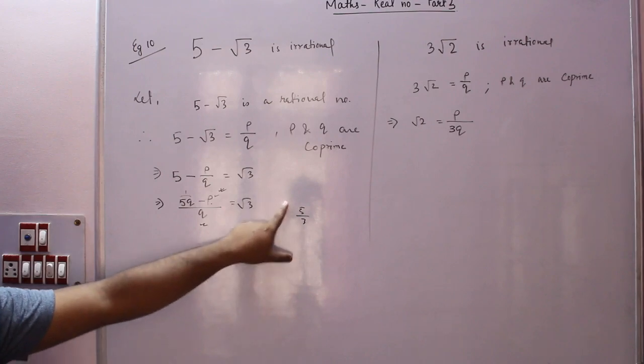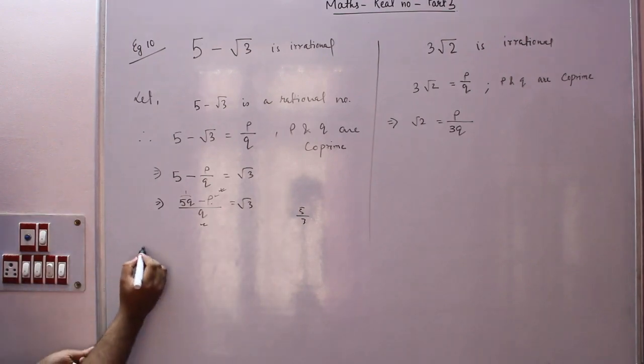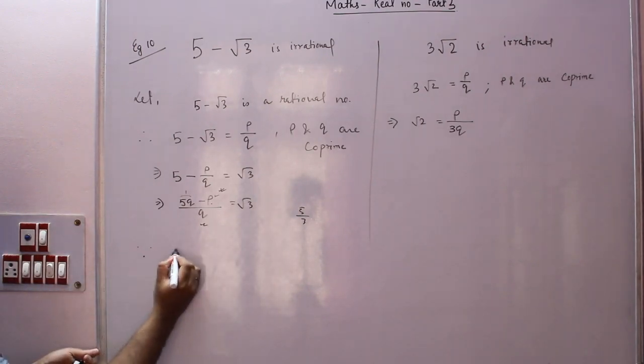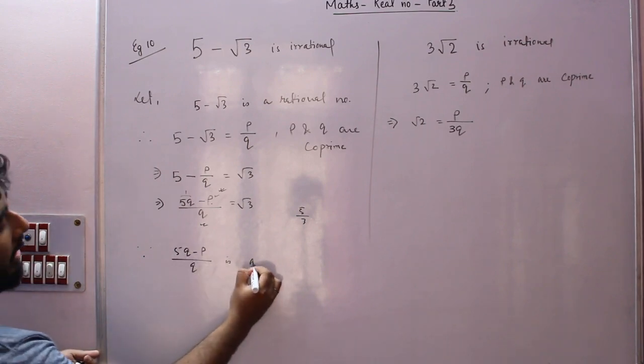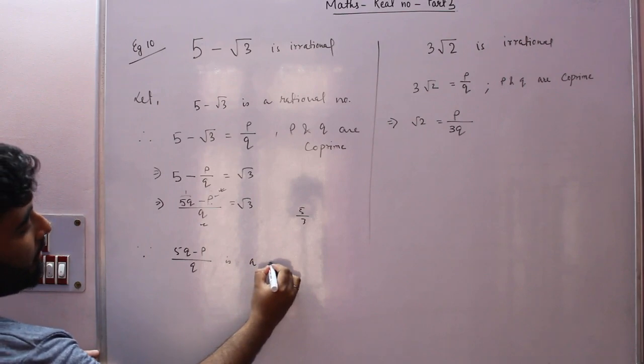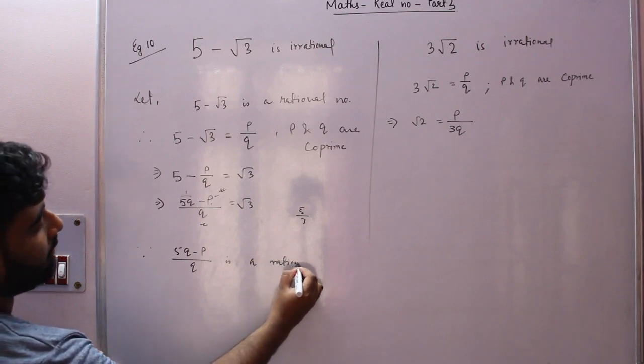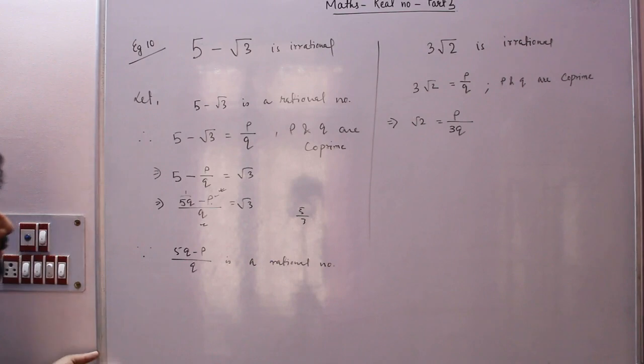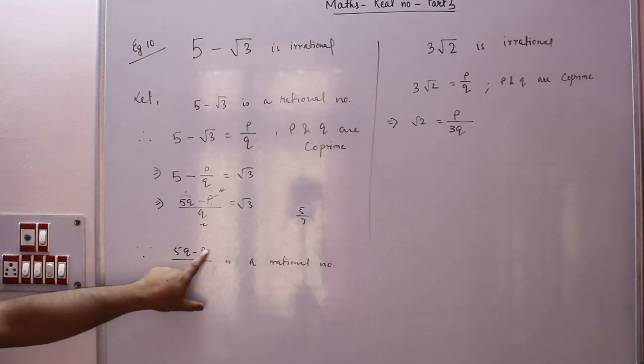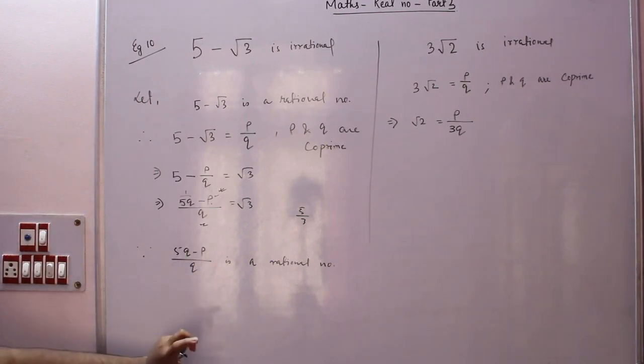See, it is in the form of p by q. So we can write, since (5q minus p) by q is a rational number, because integer minus integer divided by integer is a rational number.